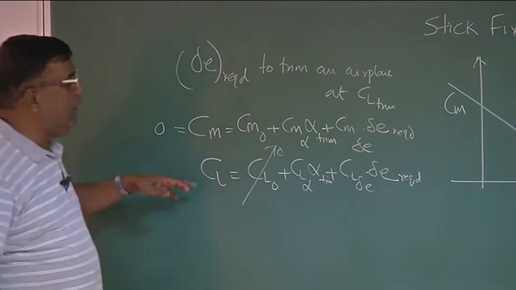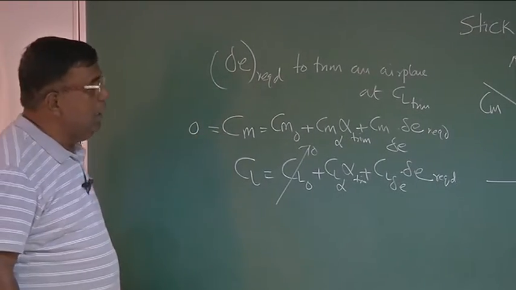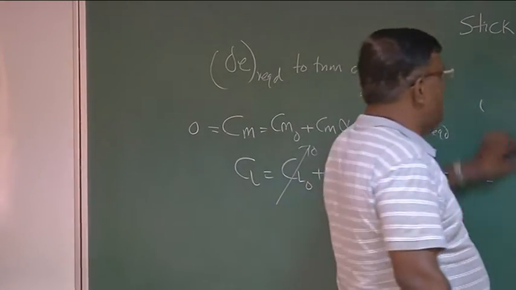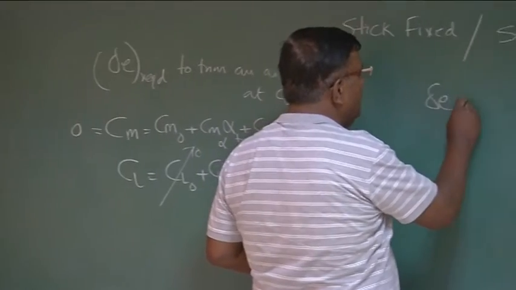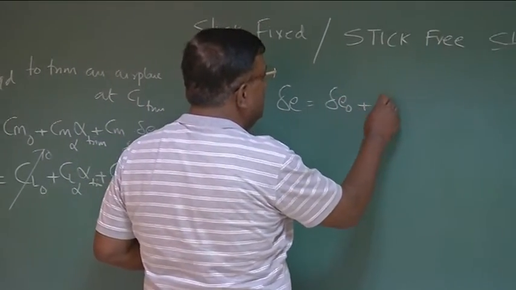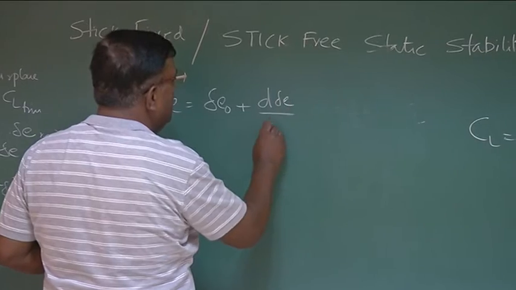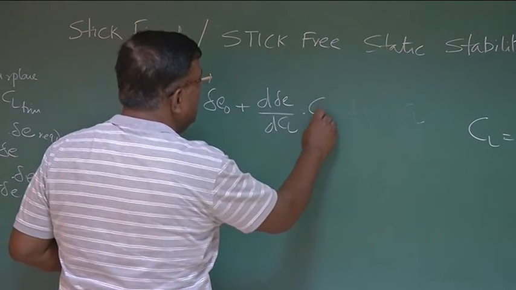Now we solved these two equations, and we derived an expression: delta E equal to delta E naught plus d delta E by d CL trim into CL trim.